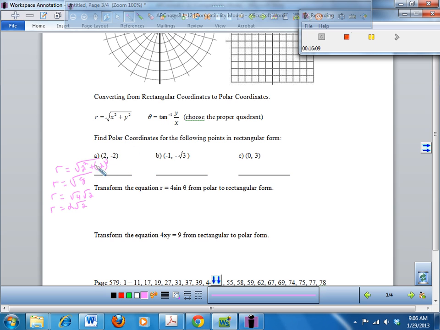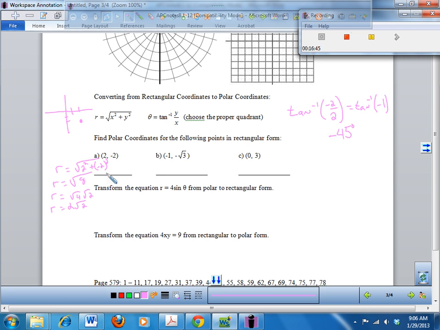Okay, that's r. Now to find theta, you got to be a little bit careful, okay? So 2, negative 2. So 2 down, I'm in this quadrant, okay? So if I take the inverse tangent of negative 2 over 2, that's an inverse tangent of negative 1, your calculator will give you the correct angle, which is negative 45 degrees, okay?